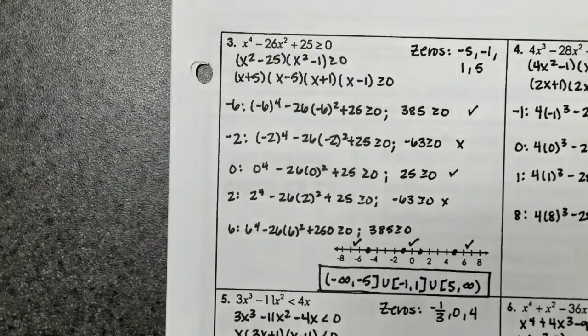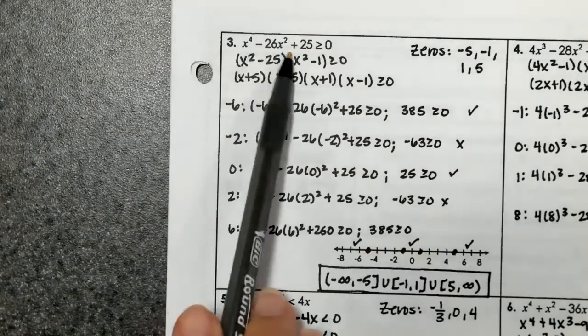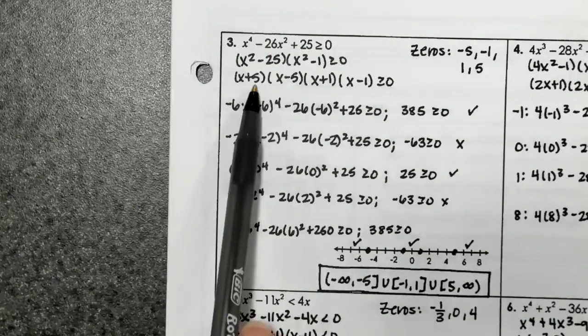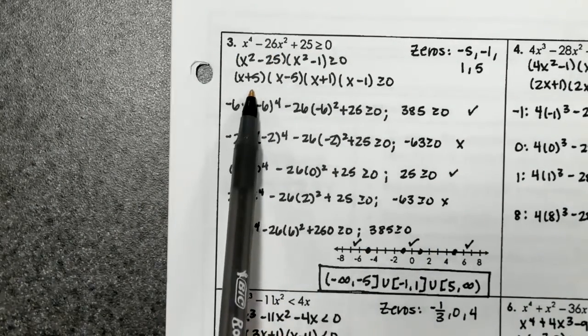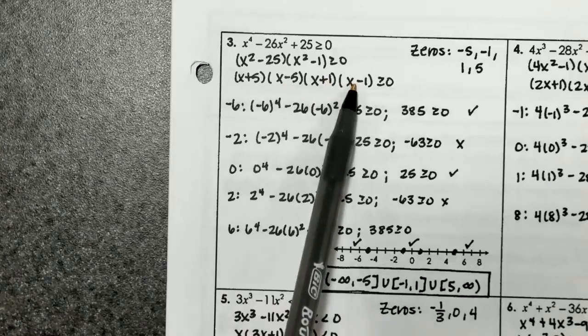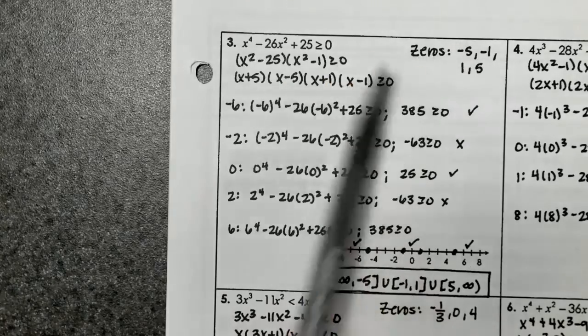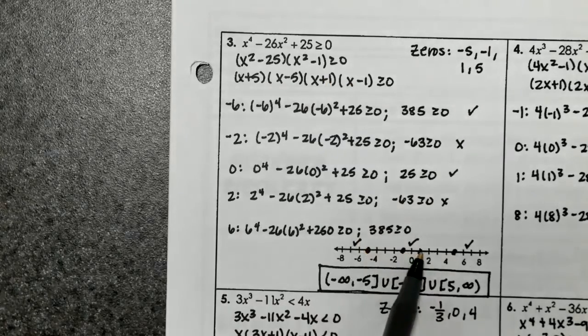So now we need to use some different looking brackets, and our circles are going to be closed. Okay? So let's factor completely. +5, -5, +1, -1. Here's your zeros. So plot all 4 zeros on a number line.